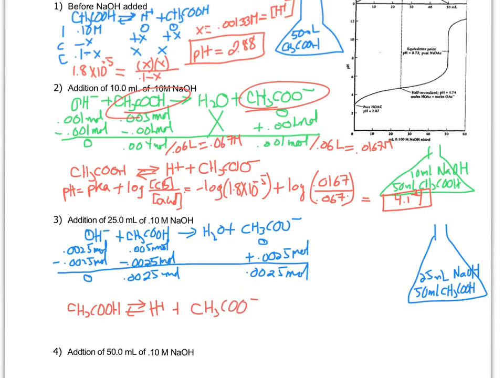Since you have both an acid and its conjugate, you can either do an ICE chart or the Henderson-Hasselbalch. Henderson-Hasselbalch is much easier. Either way, you have to figure out what your concentrations are, because we just have moles here. I have 50 mL of acetic acid, 25 mL of NaOH. That's a total of 75 mL, so divided by 0.075 liters.